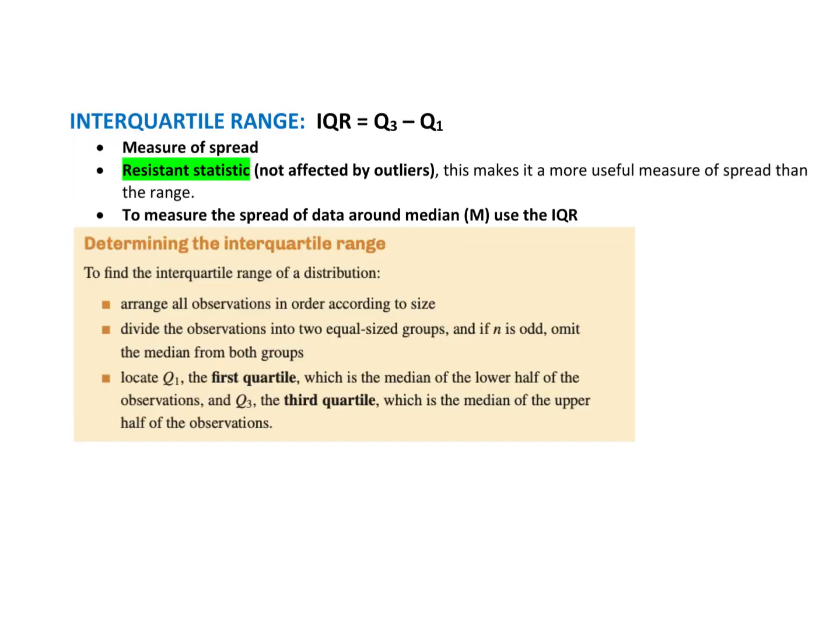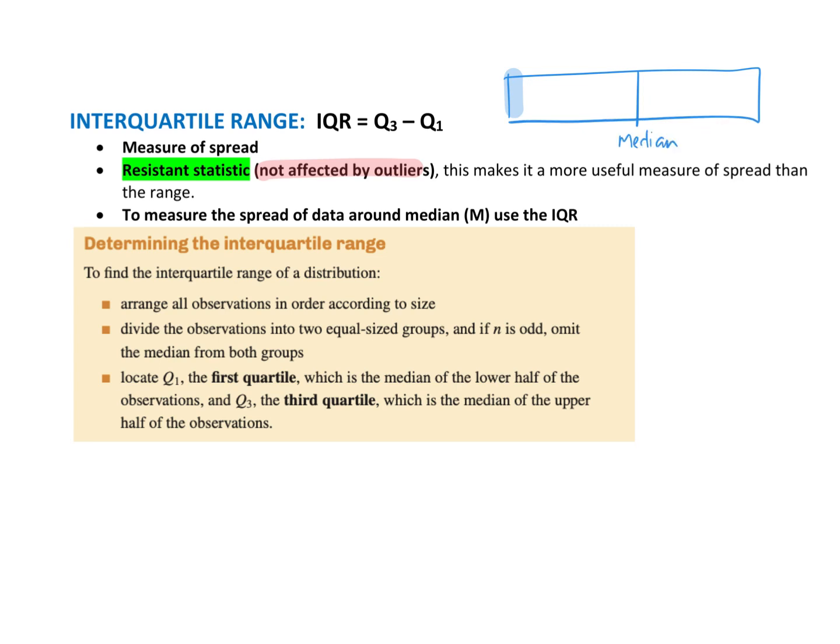Okay, so remember I said the range is not good when we have outliers. So what we do is we go to the interquartile range, and that's our resistant statistic. Remember what we said, it's not affected by outliers, same as the median. So what the IQR is, if you've got your set of data, your median will be in the middle of it.